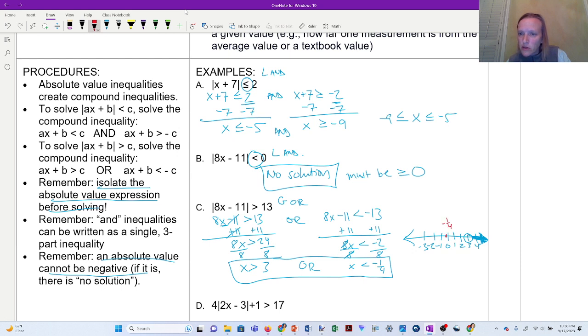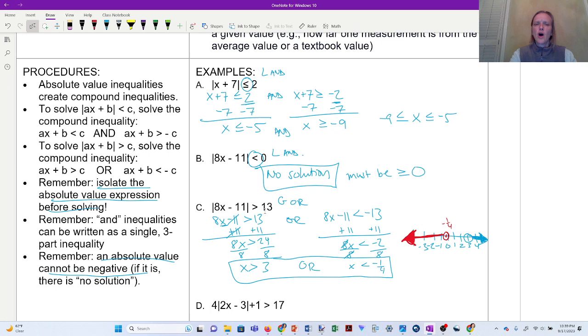Negative 1/4 is down here. So this one extends this way. So just like compound inequalities, you can be asked to graph the solution to an absolute value inequality. But I wanted to leave plenty of room for people to do work here.